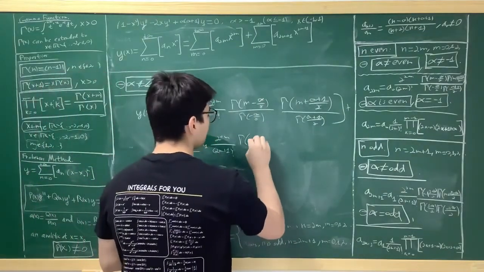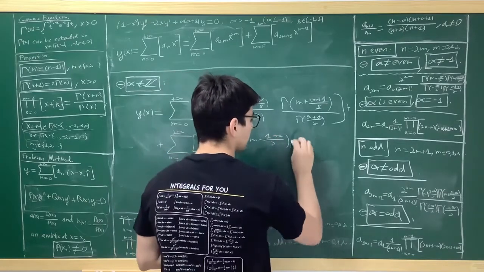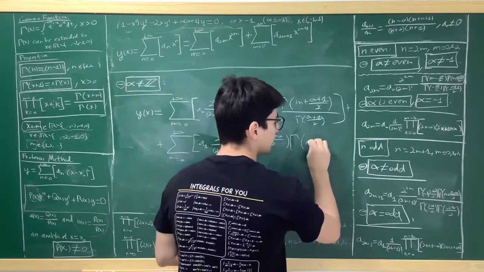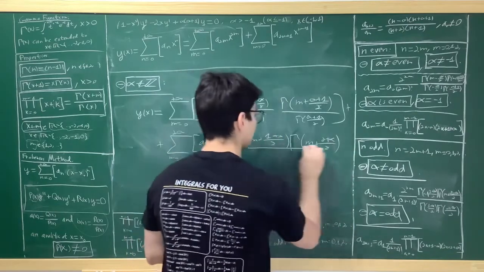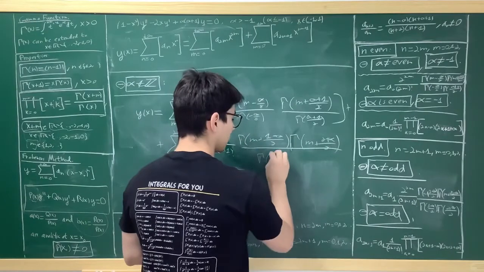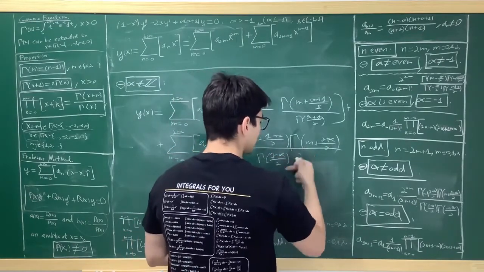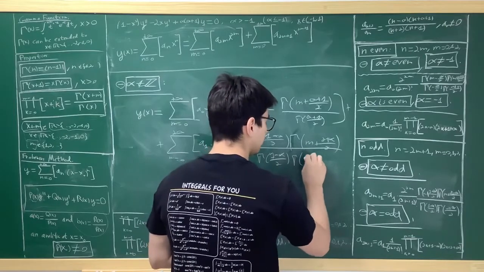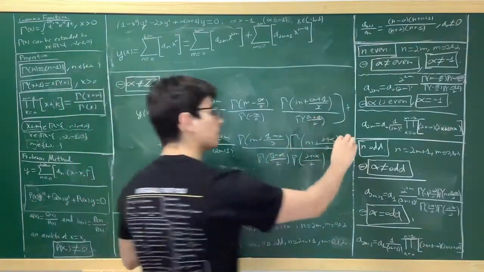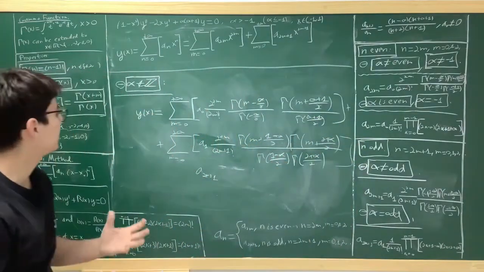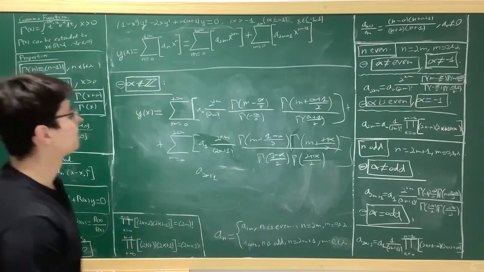So gamma of m plus 1 minus alpha over 2, gamma of m plus 2 plus alpha over 2, 1 minus alpha over 2, gamma of 2 plus alpha. And just close these brackets, and this would be our general solution if alpha is not an integer.